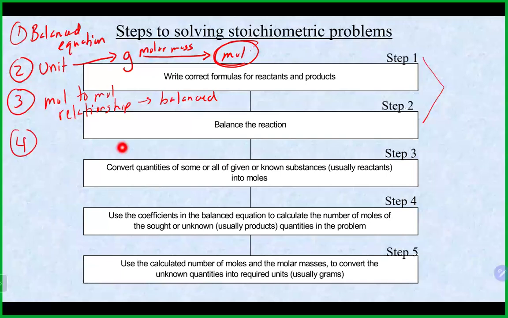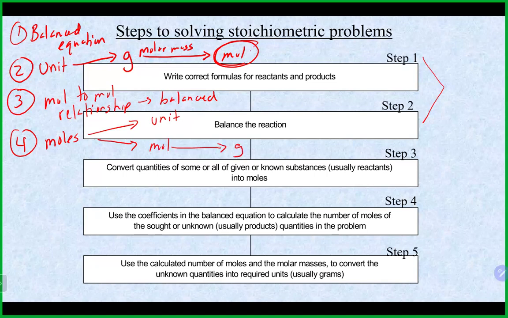Lastly, the 4th step is that you should always be in moles at this point. You then want to convert it into some other unit. And commonly you will be going from moles back to grams. So on the back end of this calculation, we use molar mass again, whereas we use molar mass on the front end as well.